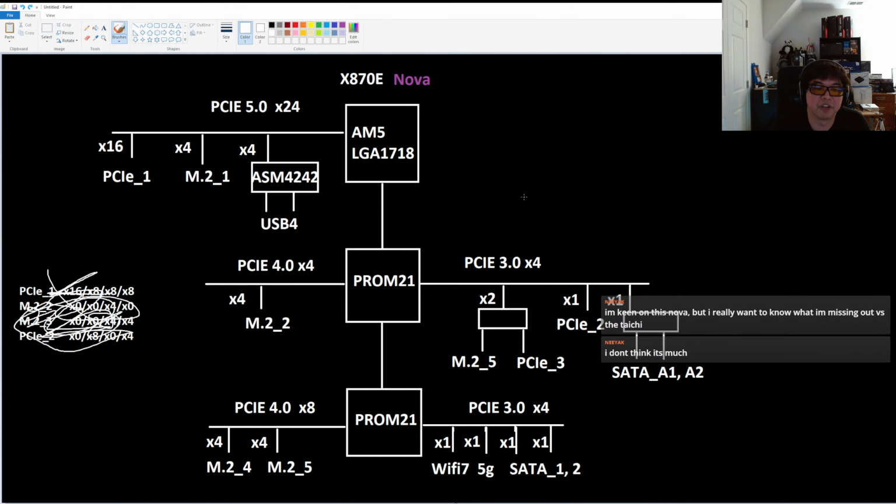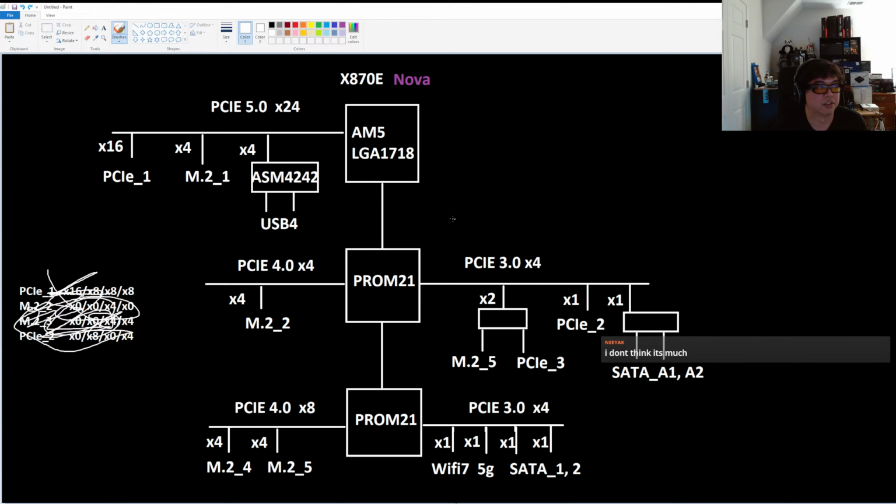What are you missing out on versus the Taichi? Well, we literally drew the Taichi. We just drew the Taichi earlier. You're missing out on 2 additional SATA. The Taichi has 6 SATA. The Nova only has 4. The Nova gives you an extra, a 5th M.2.